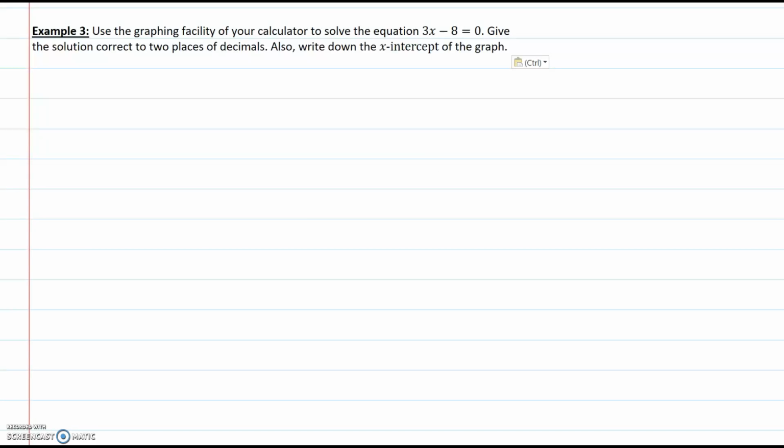When one side of an equation is equal to 0, there's another method that you can use on your calculator to find the solution to the equation. So we have here now that 3x minus 8 is equal to 0.